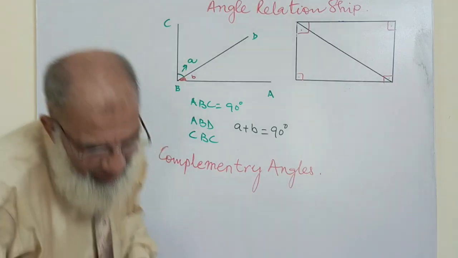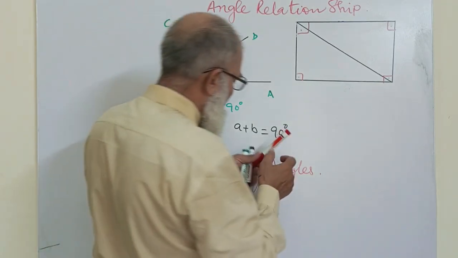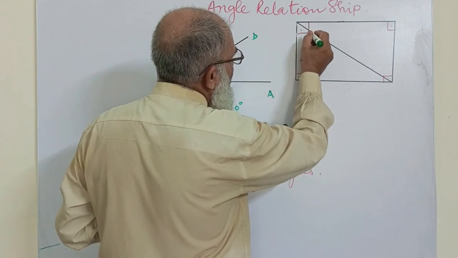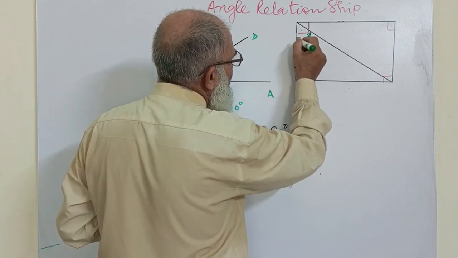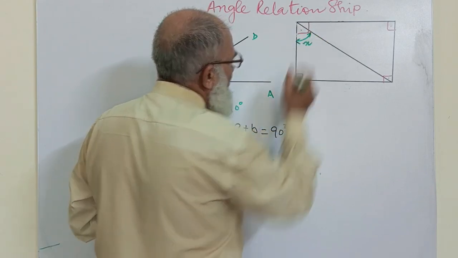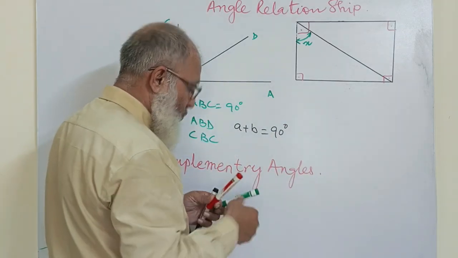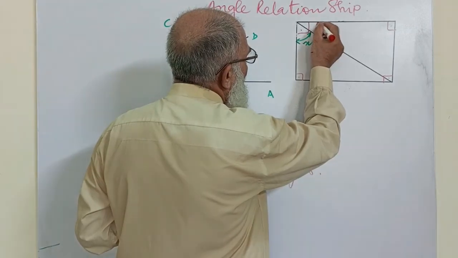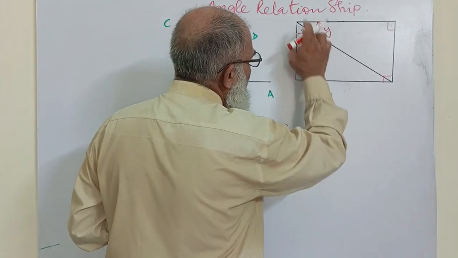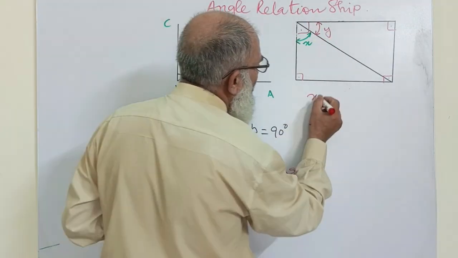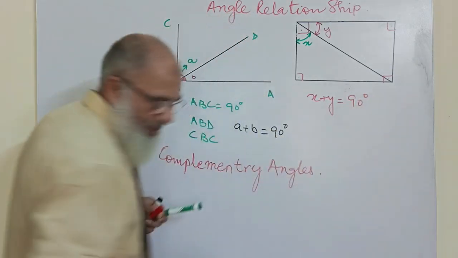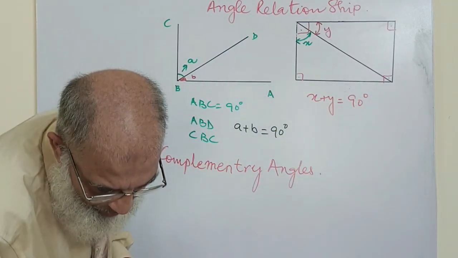If I mark this angle as x and this angle as y, then x plus y is equal to 90 degree.